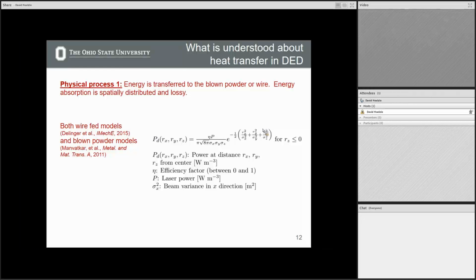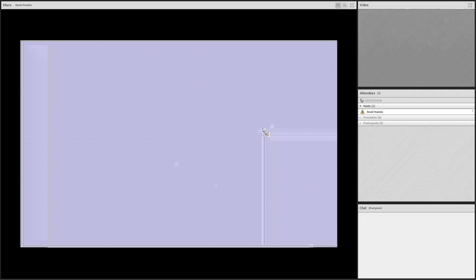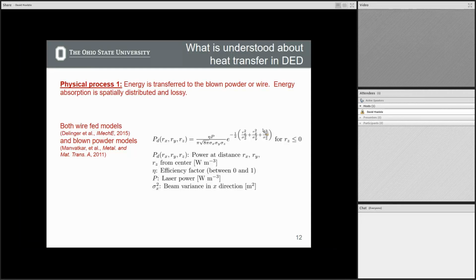I'm going to very briefly go through some of the physics of this because, based on all my reading of the literature in DED, it's essentially the same physics as powder bed fusion in terms of heat transfer, with one exception. I'll talk about that a little bit.